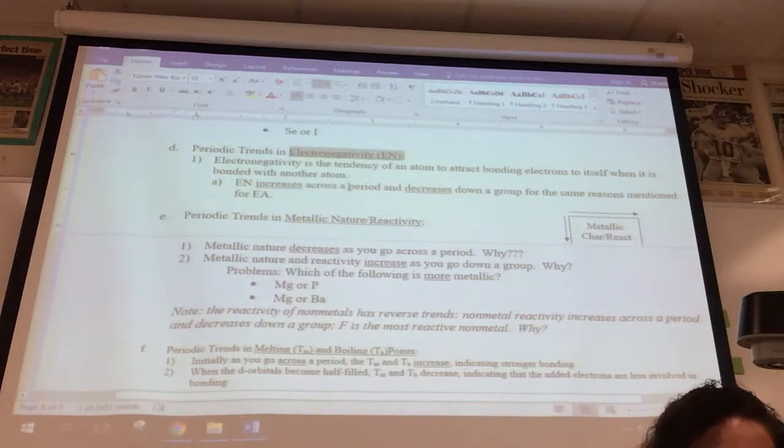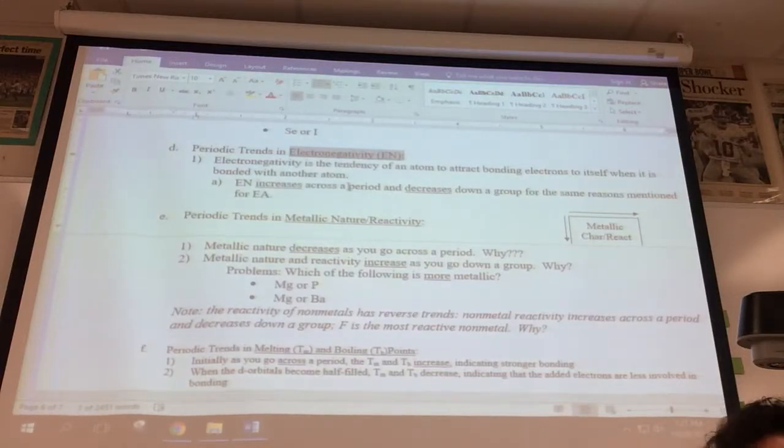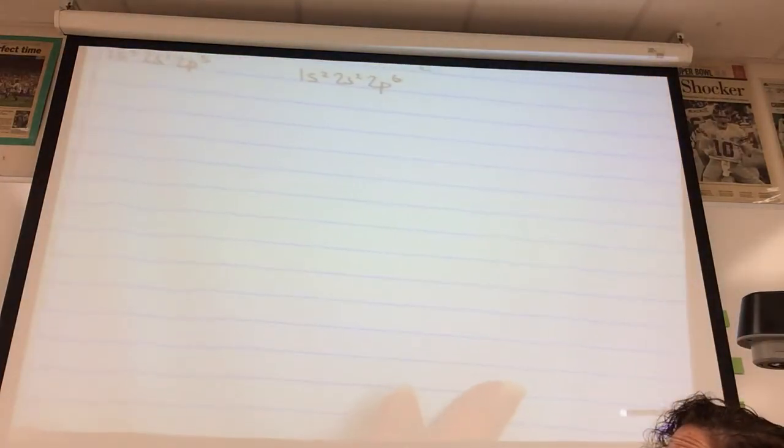I mention it because it shows a trend. We're going to come back to electronegativity in quite some detail in Chapter 6. Electronegativity is the tendency of an atom to attract bonding electrons to itself when it's bonded with another atom. And of course, when you read definitions, they're pretty much meaningless. They don't make any sense.